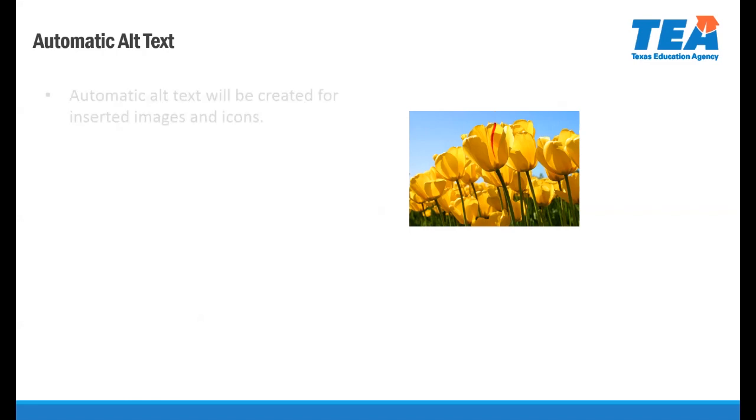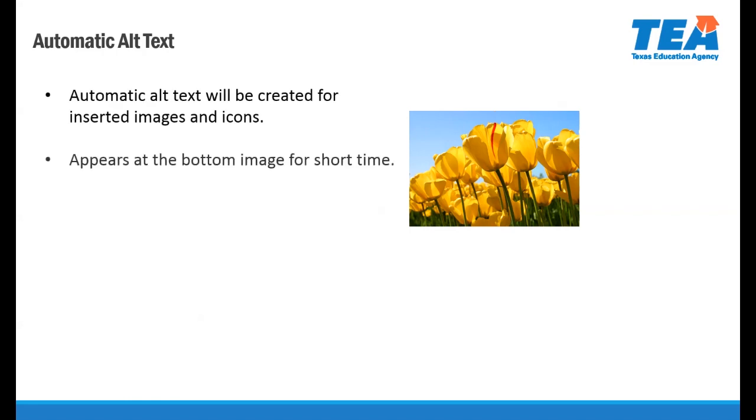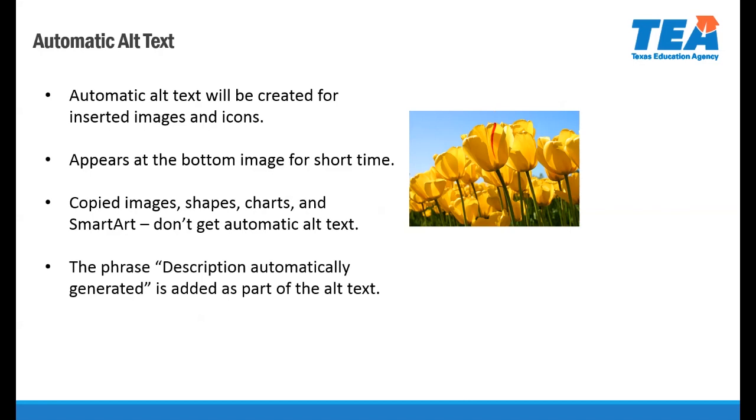Automatic alt text. If you insert an image or an icon onto your document, an alt text will appear at the bottom of the image for a short time. This only happens for inserted images or icons. Copied images, shapes, charts, and SmartArt don't get the automatic alt text.